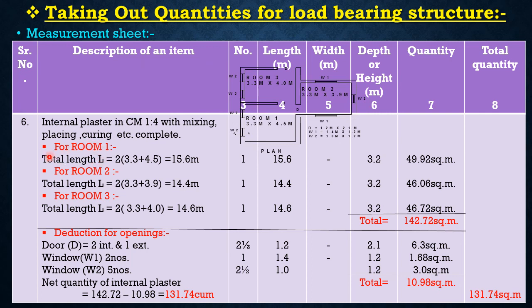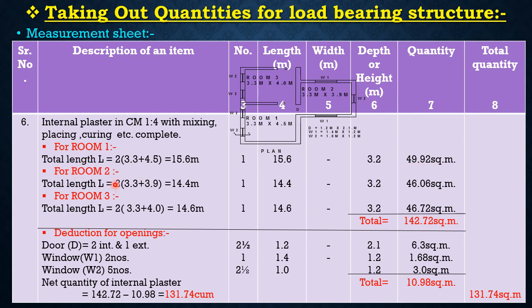First we calculate the perimeter of this and then multiply this perimeter by height, we get the area of that room. Then L is equal to 2 into (3.3 plus 4.5). This perimeter is equal to 15.6. Room number 1 is 1. Perimeter is 15.6 into height 3.2 meter. Then quantity is 49.92 square meter.